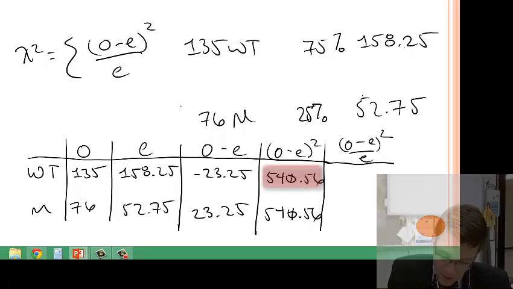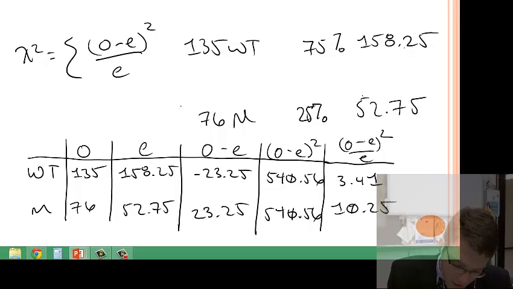So I'm going to divide 540.56 by 158.25. For the first one, which is 3.41, and then divide 540.56 by 52.75, and that gives me 10.25.